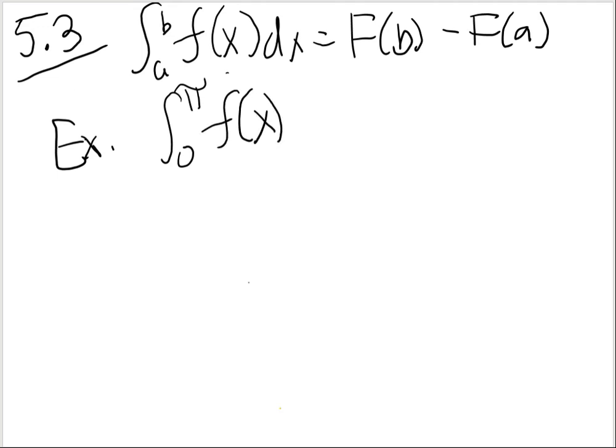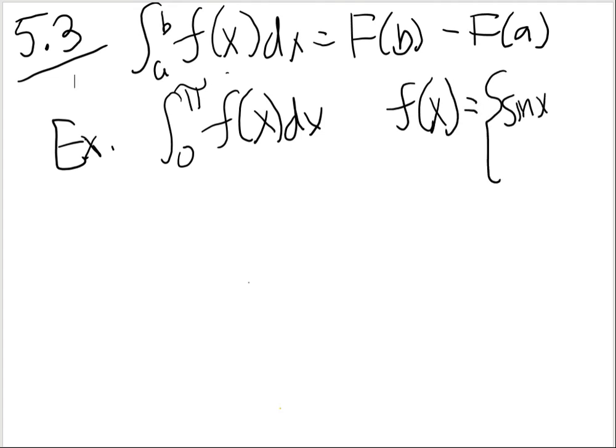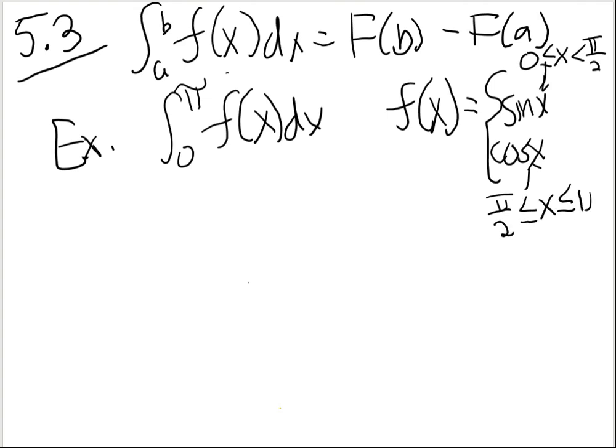Okay, so let's look at this integral. We're going to look at a piecewise function. It's going to be sine, and then it's going to be cosine. The sine is on 0 less than or equal to x, strictly less than pi over 2, and the cosine is for pi over 2 less than or equal to x, less than or equal to pi.